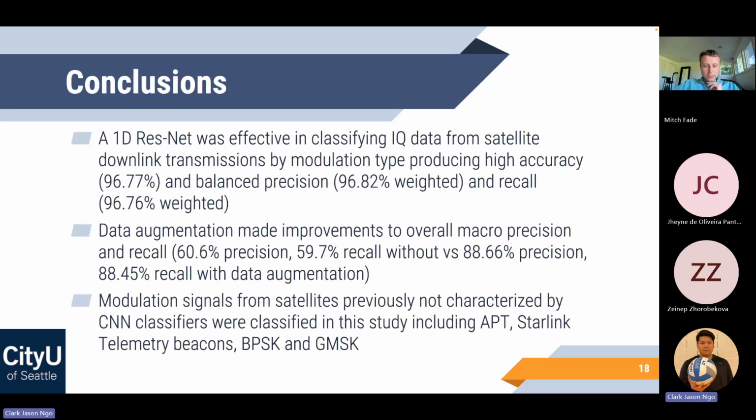So I was curious about the data augmentation. Were you able to implement this data augmentation? And it looks like it improved by quite a lot. It improved in the weighted or the macro precision and recall.